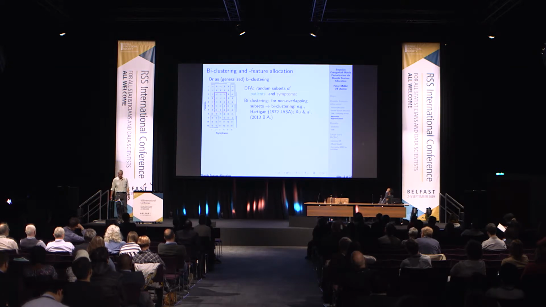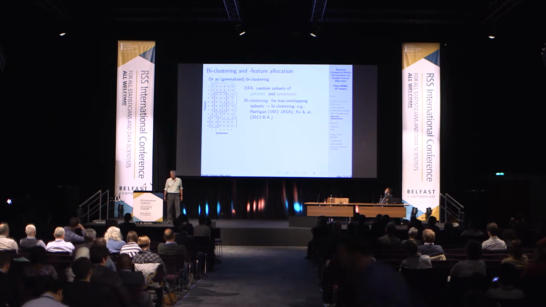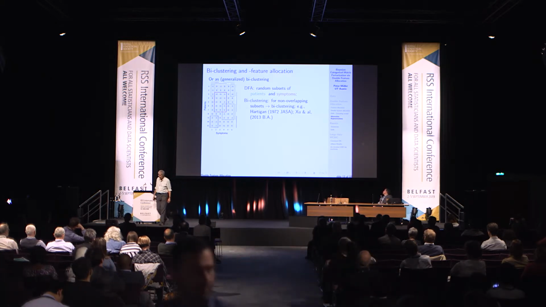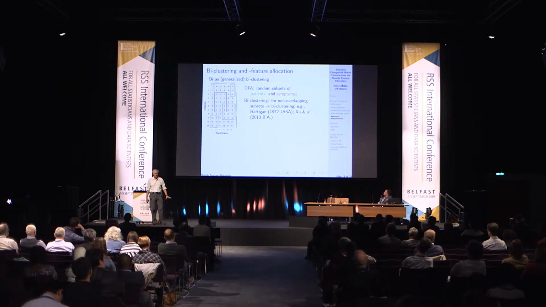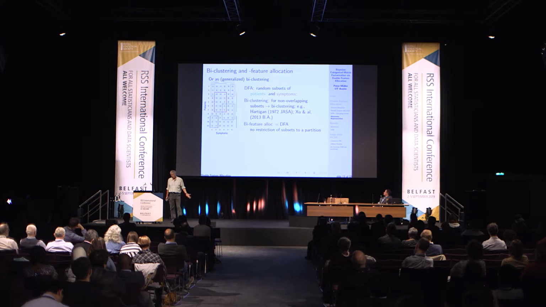Instead, I prefer to describe it as random subsets on the two sets of experimental units. When you talk about bi-clustering, there's some literature that introduces model-based inference for bi-clustering. But when it's literally clustering in the sense of partitions and non-overlapping subsets, that is inappropriate for our application here, as I argued already before.